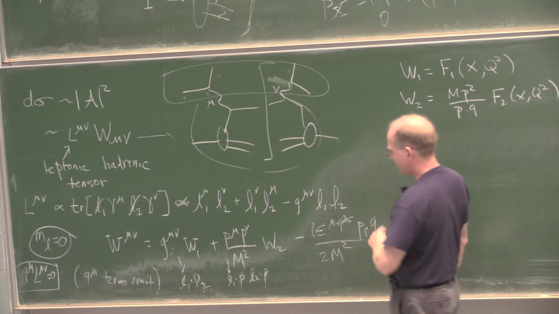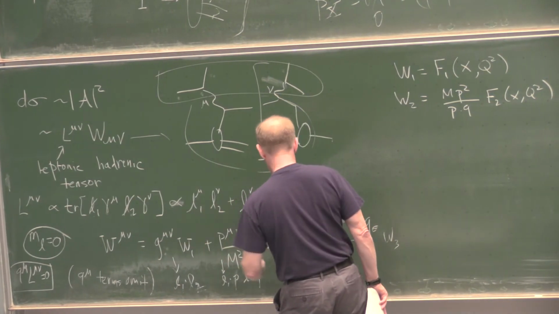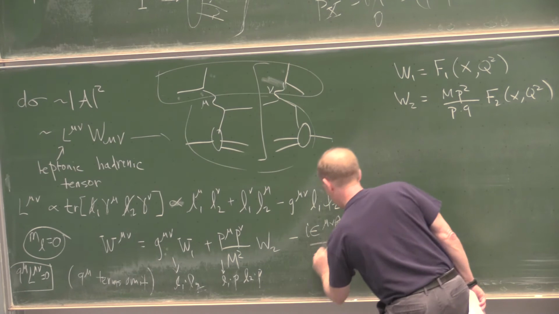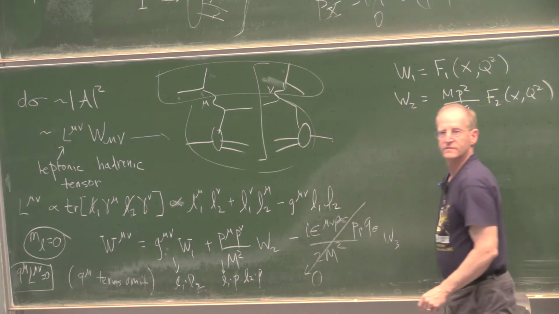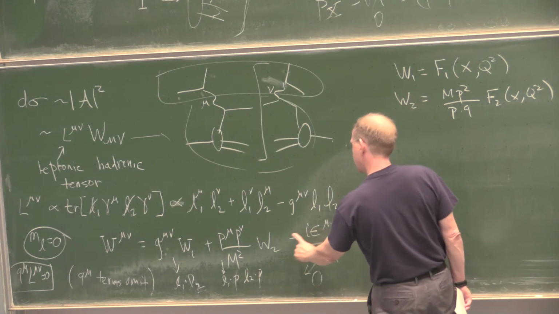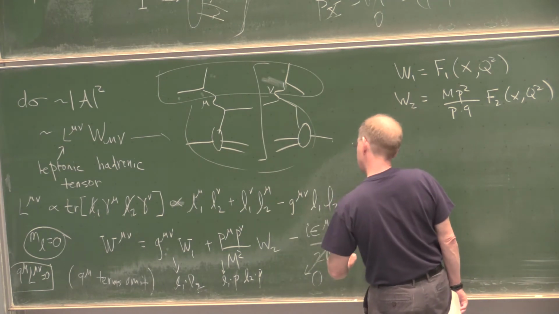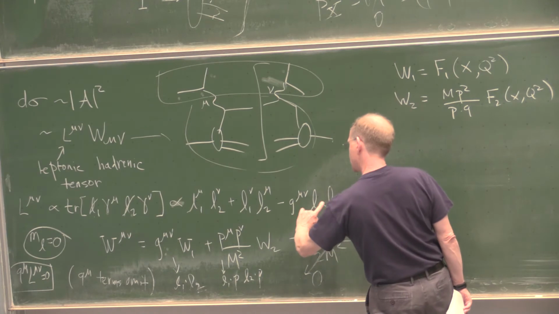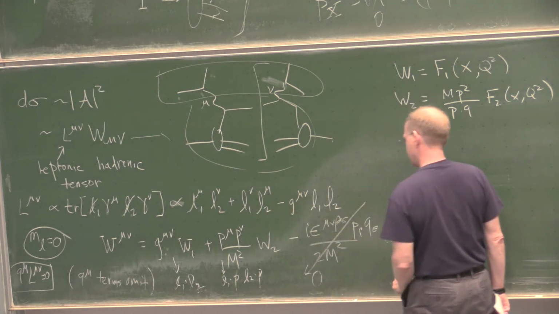Now, when you go through the business of contracting with the, oh, I should also say this one's 0. The only reason I put it in, it's 0 because this is symmetric in mu and nu.